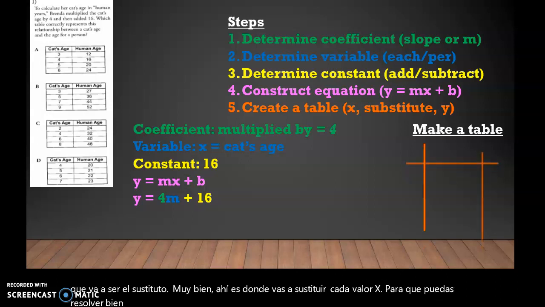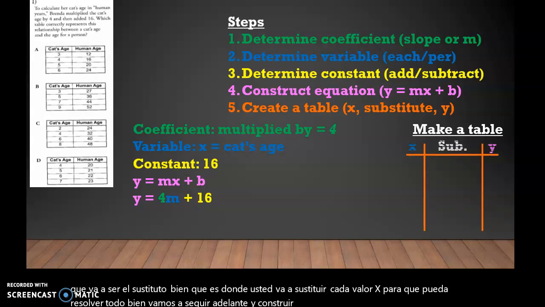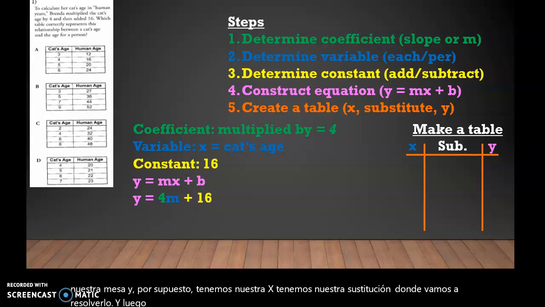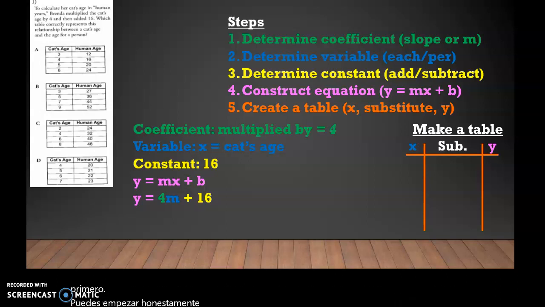So the first thing is we have to build our table, and of course we have our x, we have our substitution where we're going to solve it, and then we have our y, which is our answer, right? So for the first one, you can start honestly with any numbers for the x.